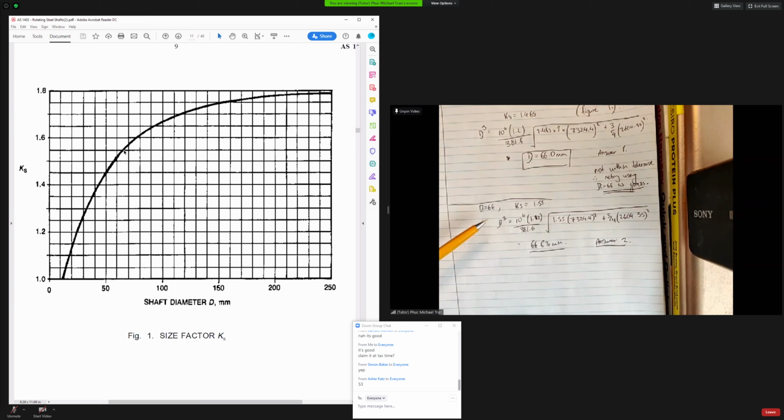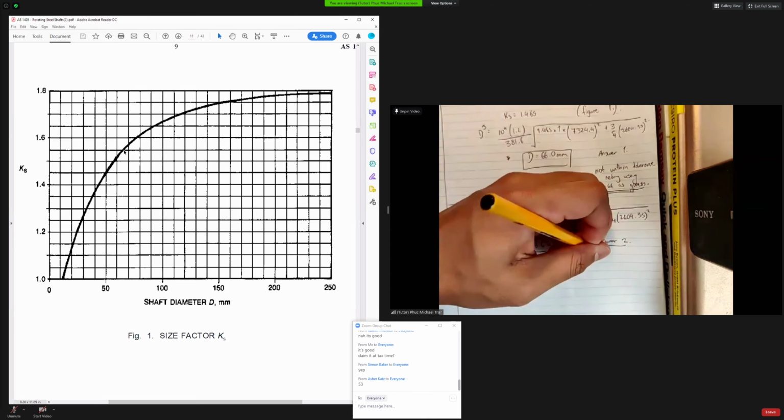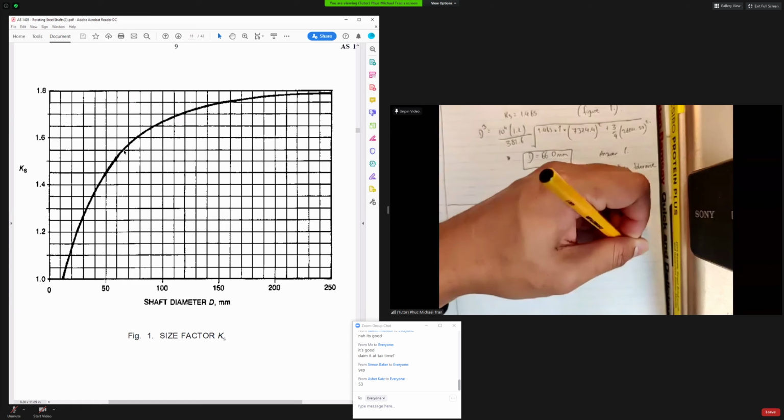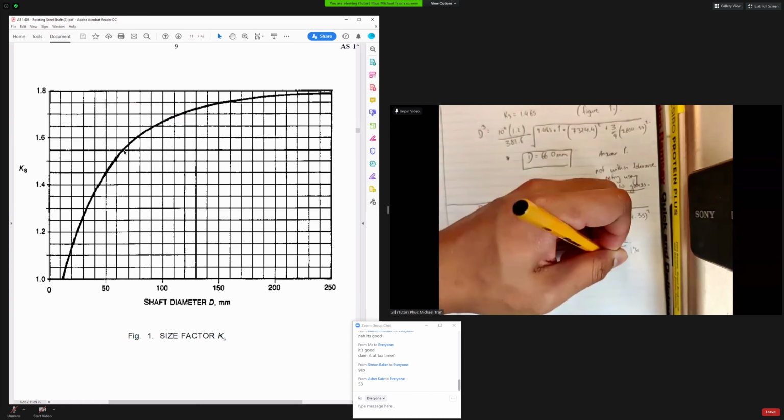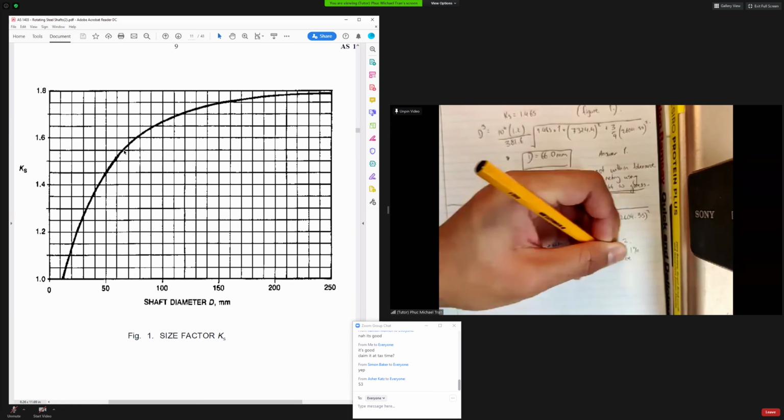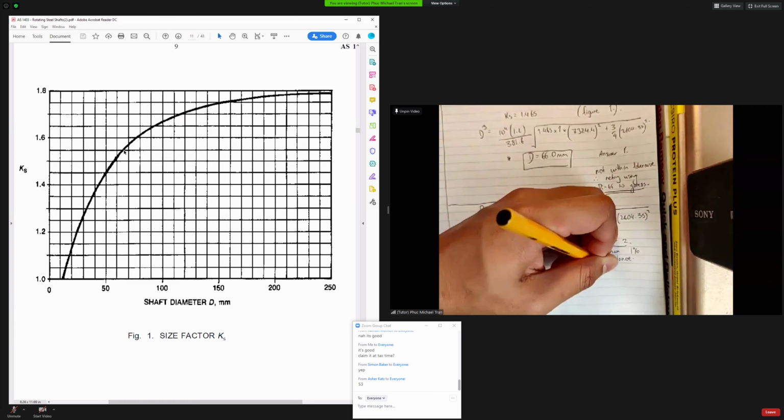You can see that it's around less than 1% variance. Therefore, it's okay.